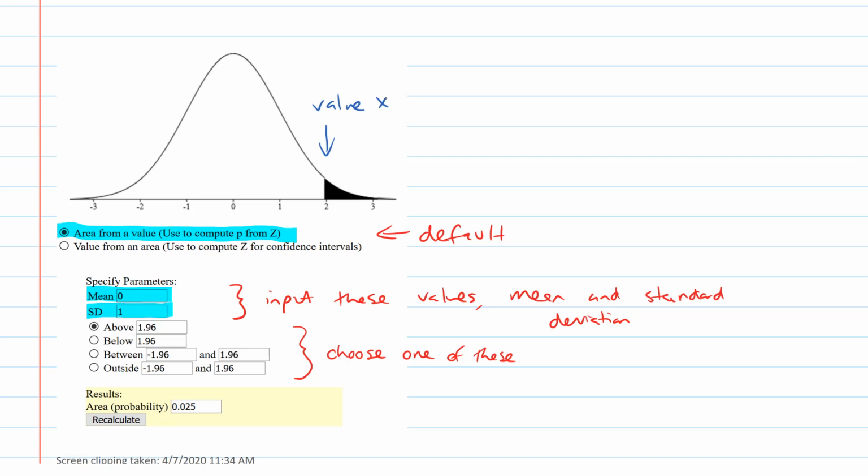And helpfully, when you click calculate or recalculate down at the bottom here, it changes the picture so that you can see the actual area that you shaded in. So I think that the best thing to do then, oh, and I should mention then that this box in the nice Primrose yellow here, this is your answer.